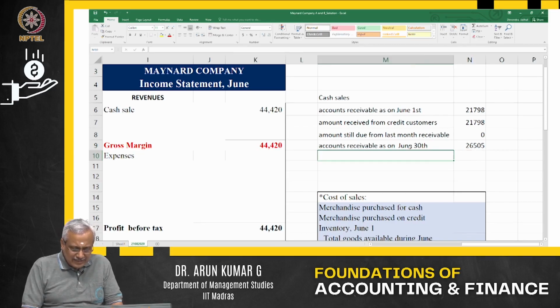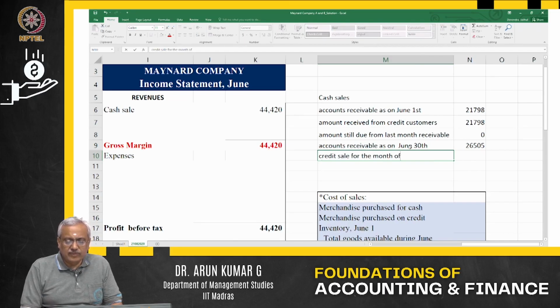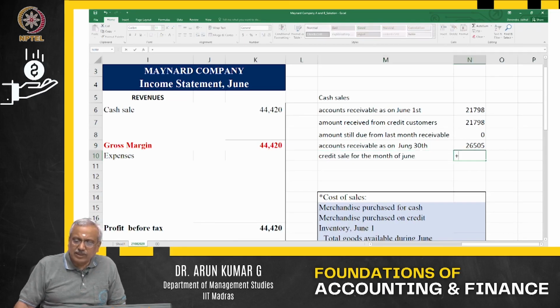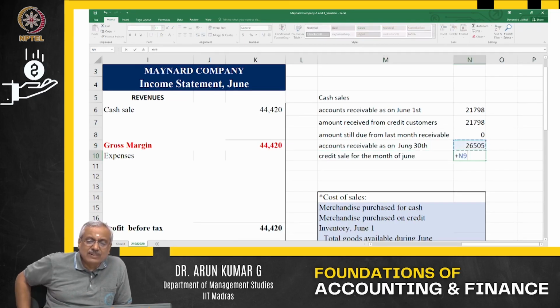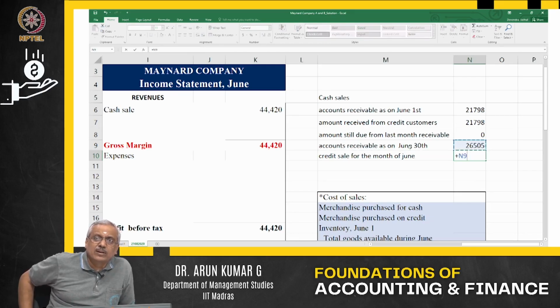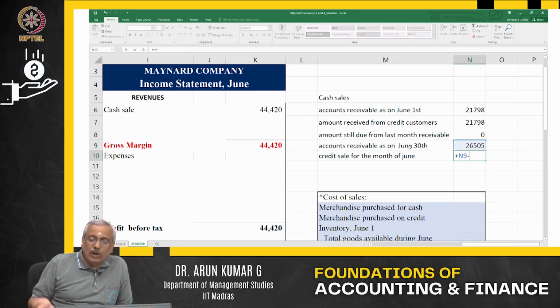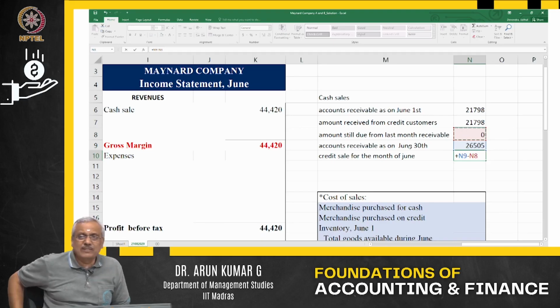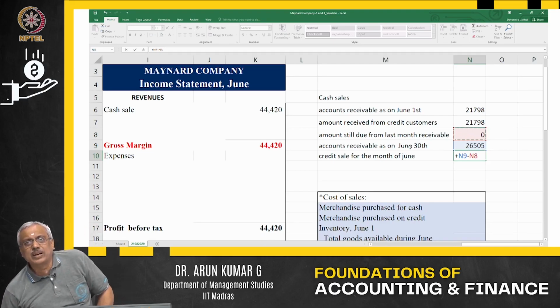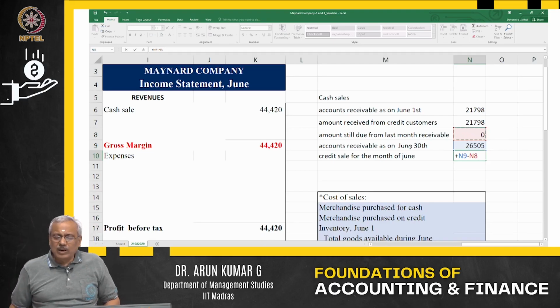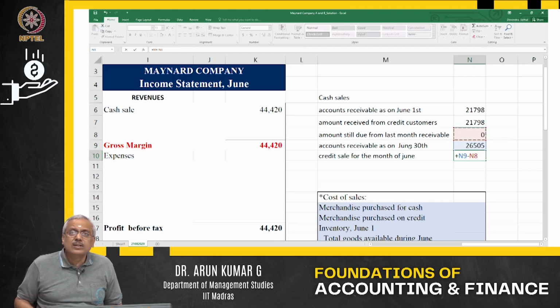So, what is the credit sale for the month of June? It is whatever is the receivable as of 30th of June minus whatever is the old receivable there. In this case, the old receivable is nil. So, what is the total credit sale for the month of June?